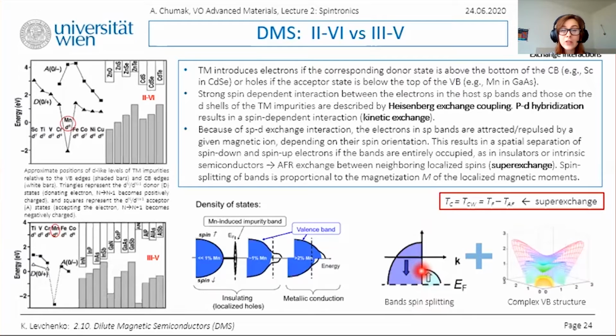The strong spin-dependent interaction between the electrons in the sp band and those on the d shell of the impurity is described by the exchange coupling, more precisely by the Heisenberg exchange coupling. Then a model could be applied without adjusting any parameters in cases of gallium manganese arsenide, for example, as electrically charged.